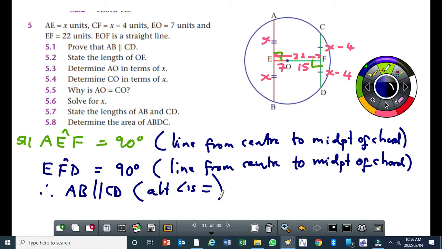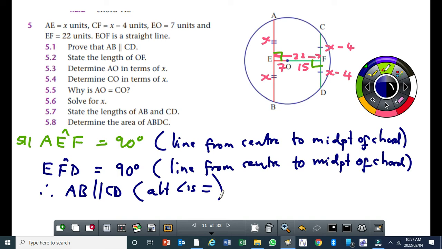That's what I did here. It's the same as what I wrote, just the notation that you used was different. But if you wrote it that way, what was your reason for saying those lines are parallel? If you didn't give it, then you lose the mark.